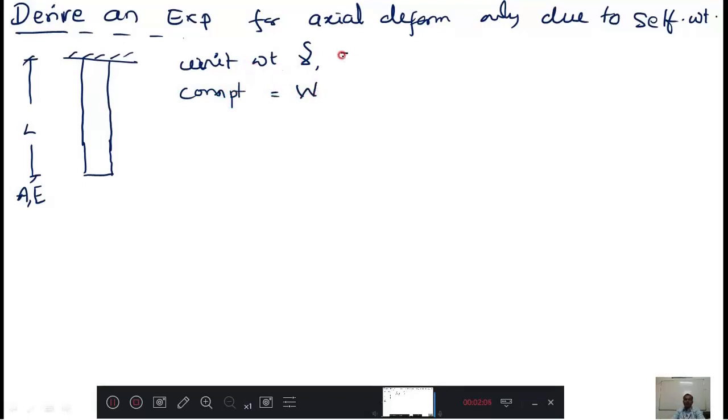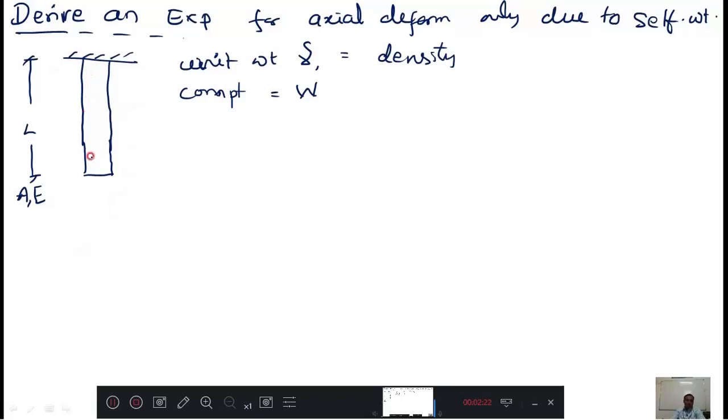Unit weight means it is like a density. The complete weight means we are measuring the weight of the whole bar. Let it be W and this be gamma. These are the informations we got.